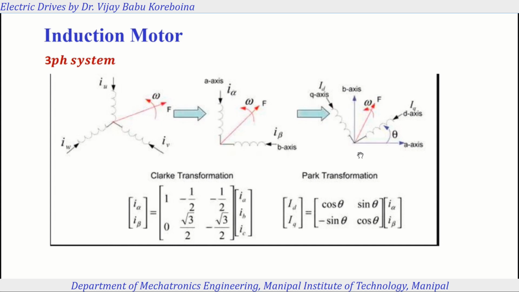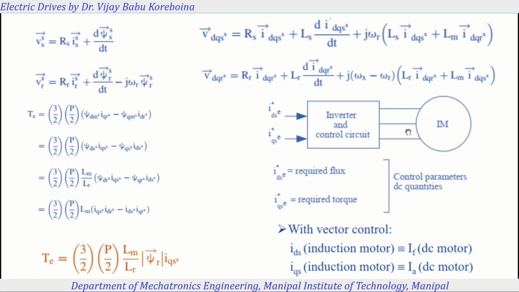So the three-phase system is transferred to stationary, and that stationary is transferred as a rotating vector. It's the same thing, dropping the components of the rotating vector onto the D and Q axes. Likewise for the three-phase vector. Now let us look at the voltage equation.